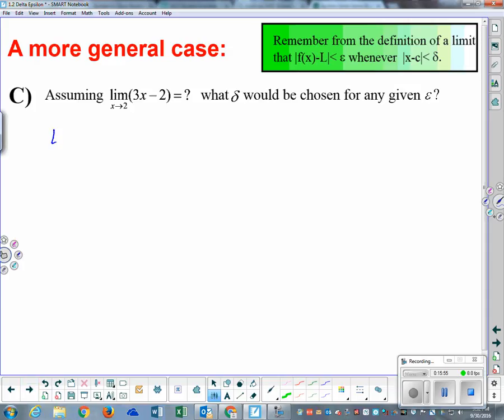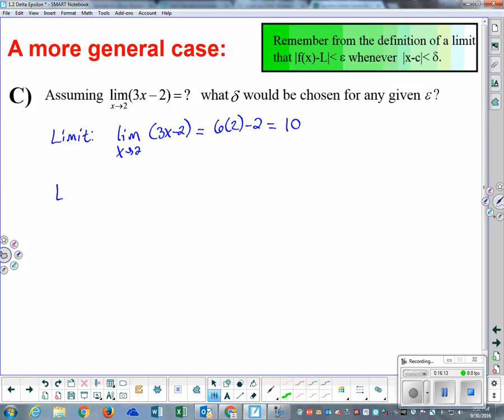Let's find our limit. The limit does exist for this, so the limit as x goes to 2 of 3x minus 2 is equal to, plug in, or substitute's a better word, substitute 2 in for x and we get 12 minus 2 is 10.